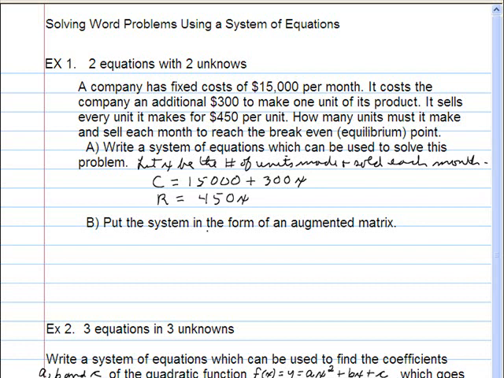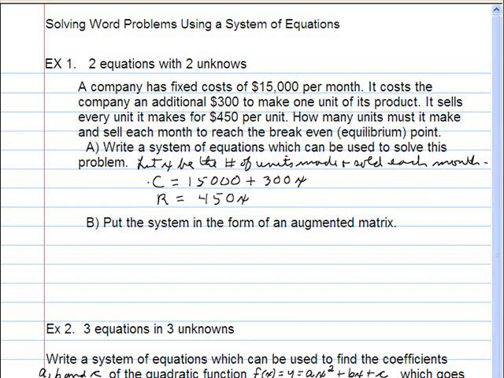Now the next thing says put this in the form of an augmented matrix. Set this up in a way that you could use Gaussian elimination to solve the problem. Well, notice I said it was going to be 2 equations with 2 unknowns, but I'm showing 3 unknowns. Well, I'm not really having 3 unknowns, because to reach equilibrium, which our problem says, we have to have that the cost and revenue are the same.